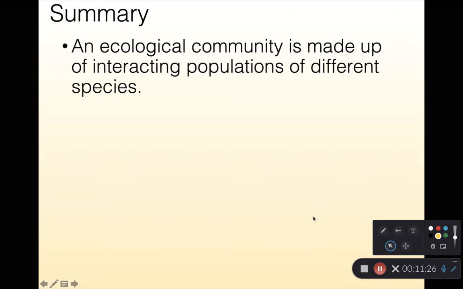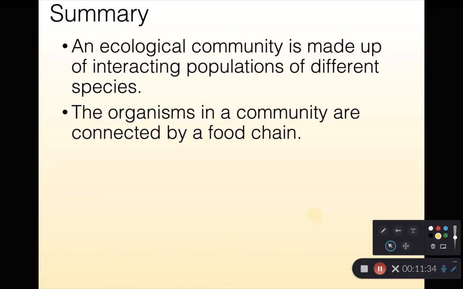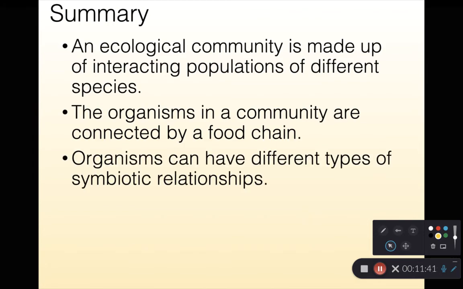So in summary, in thinking about community ecology, the first part we want to talk about is that community ecology is made up of different interacting species. And those organisms in a community are connected by food chains or food webs. And ultimately, when we're describing the interactions between these species, organisms can have different types of symbiotic relationships.